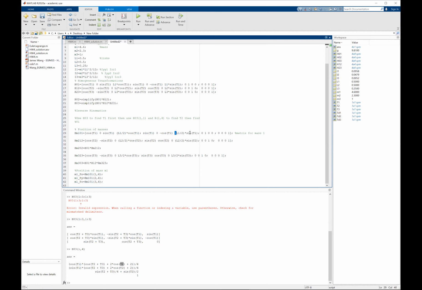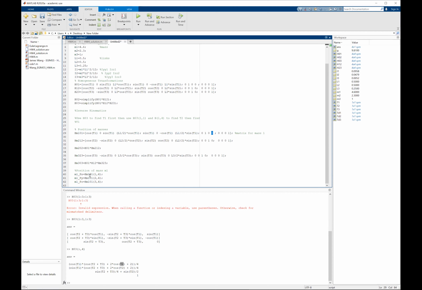The second row, fourth column is the Y position of mass M1. And the third row, fourth column is the Z position of mass M1.